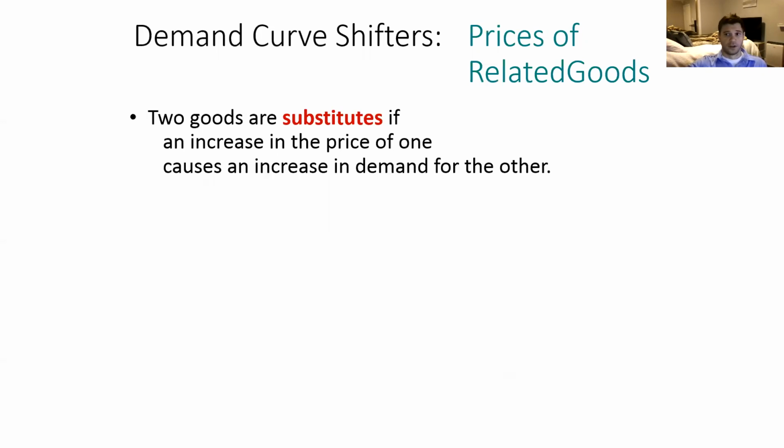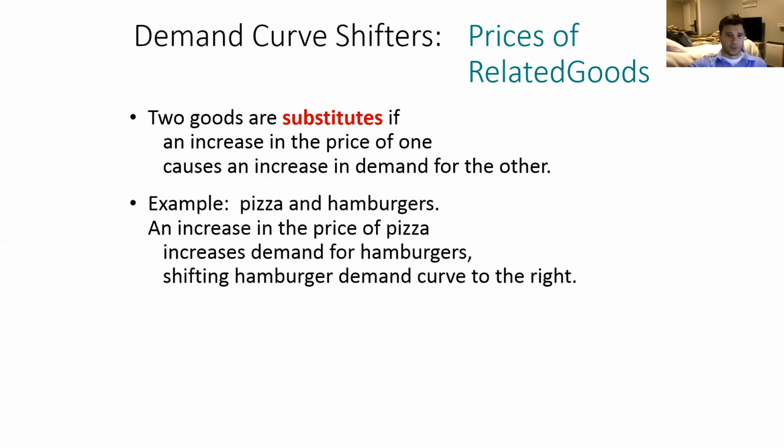The example we're going to talk about here: if you think about pizza and hamburgers, these are not perfectly substitutable, but both are alternatives for you to consume for lunch, for example. If we have an increase in the price of pizza, then the law of demand tells us in the pizza market, fewer consumers are going to buy pizza.